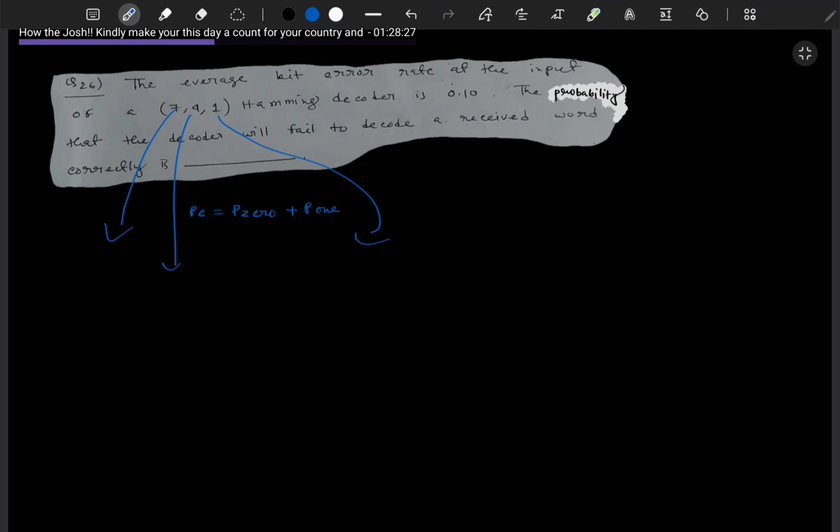So remaining there are 2 and 3, that one can correct.